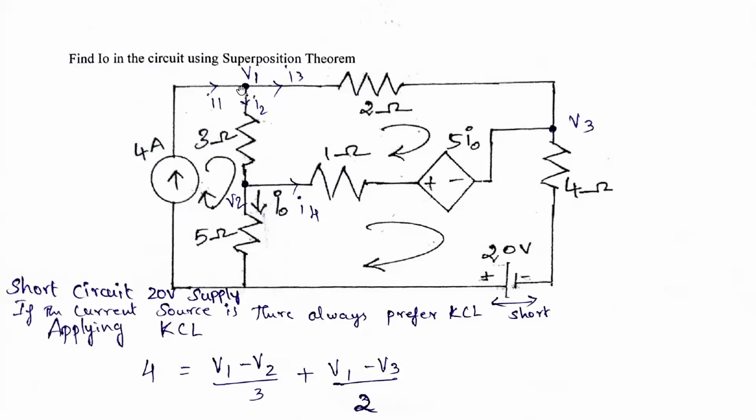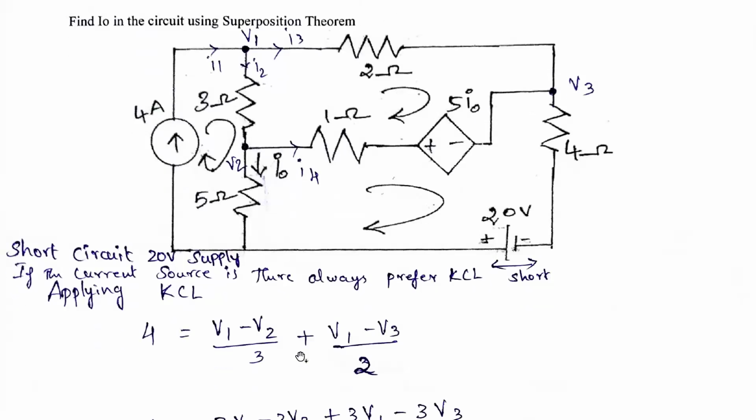Applying nodal analysis at node V1, that is Kirchhoff's current law. This current is coming inside, so 4 is equal to the two currents going outside: V1 minus V2 divided by 3 plus V1 minus V3 divided by 2 ohms.